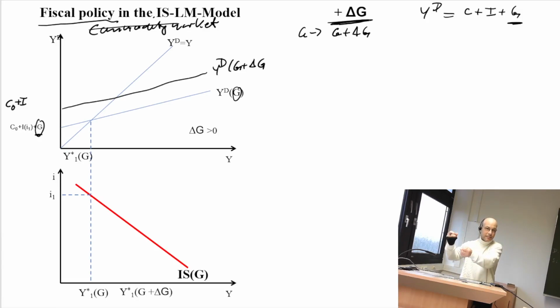Do not mix it up with the derivation of our IS curve. Our interest rate is still the same, i1 here, plus G plus delta G.